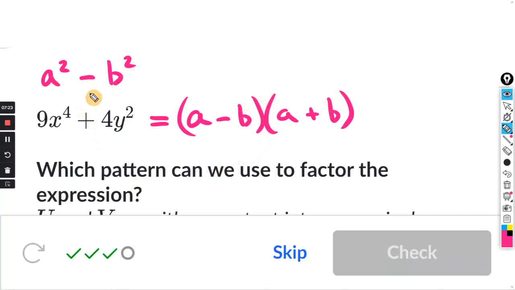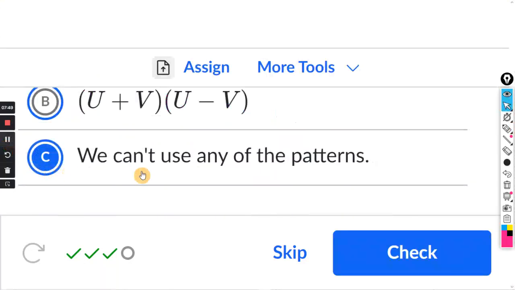And you can see here the signs do not match. This is a negative and this is a positive. This would have been the only possible one because there's no middle term. However, this right here would have to be negative in order for us to use it. Here it's positive, so this does not work, and the answer is none of them, none of the above. We can't use any of them.